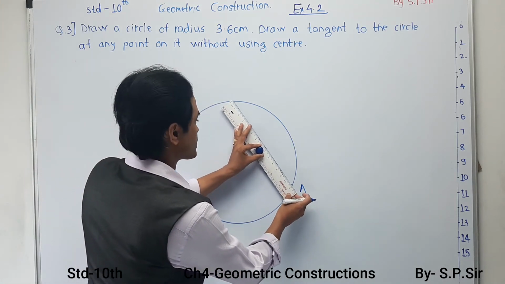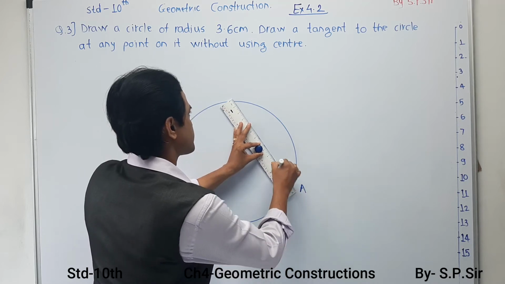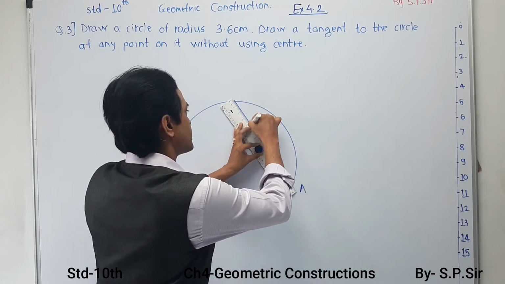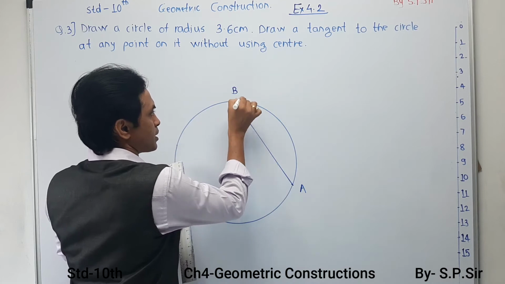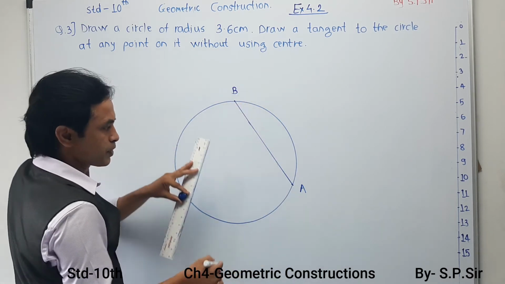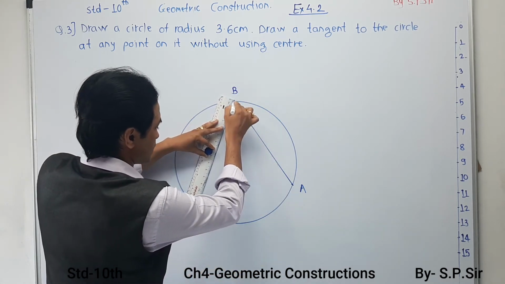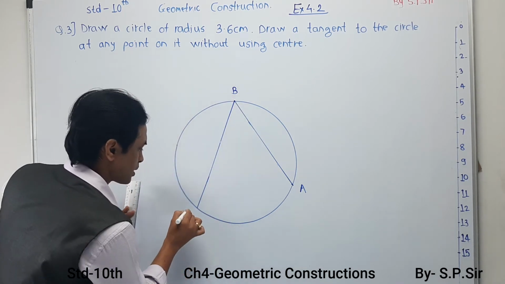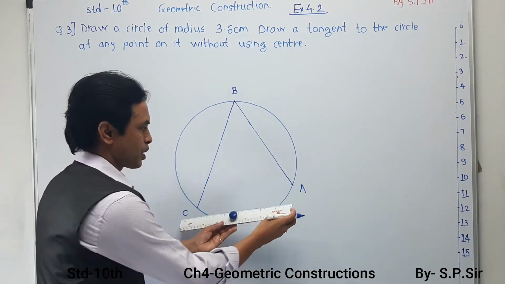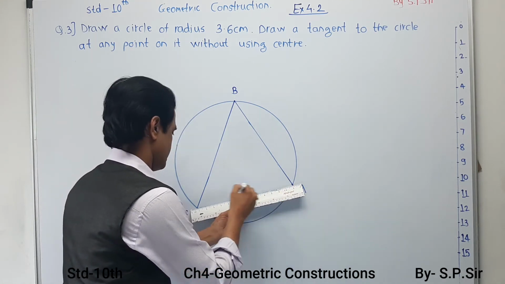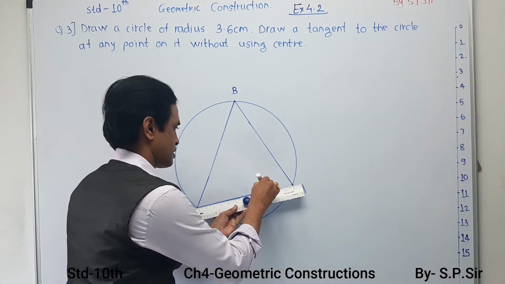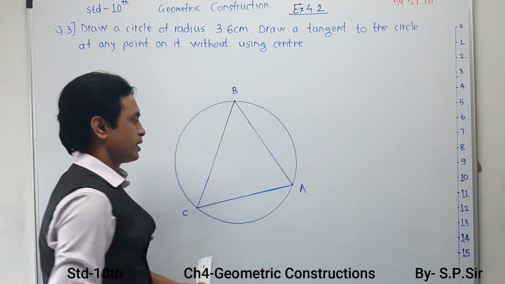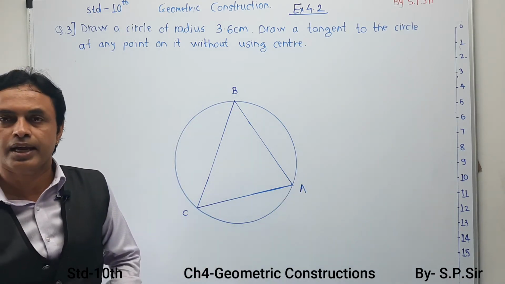Here I am going to draw the first line, A to B. Now the second point B is on the circumference of the circle. Now I am going to draw another line from B to C, and again a line from C to A. In this way, first of all, you have to create a triangle.